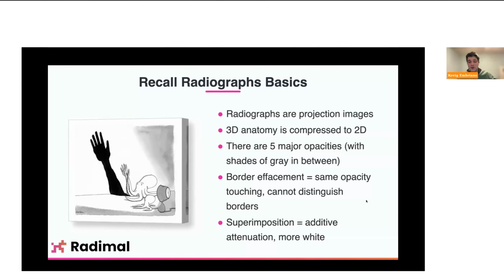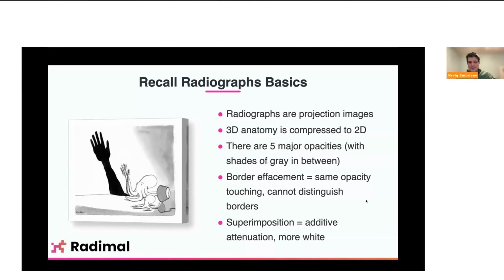So depending on the volume of tissue, if you have a humongous lipoma on the side of a dog's body wall, well, the center of that's going to be more soft tissue opaque because there's just so much volume of tissue that's going to start attenuating that X-ray beam as it goes through it. And the same thing with cats. Cats will sometimes put a decent amount of pericardial fat around their heart, and it can sometimes create the appearance of a big heart. So just be aware that there's shades of gray in between the five major opacities.